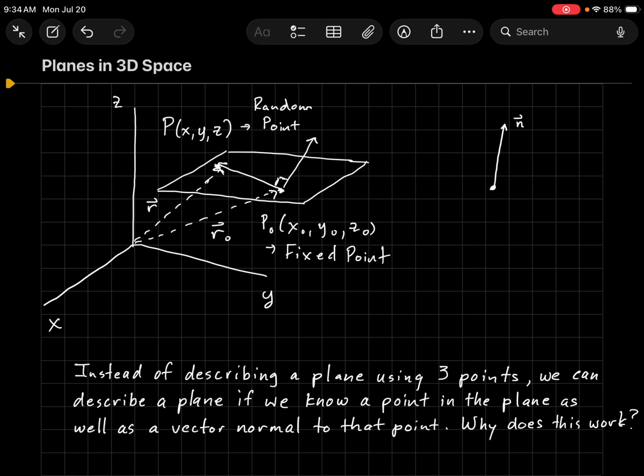Now consider any vector that is normal but that's in the plane. So this vector here, which I'm going to call v, imagine that is in my plane.